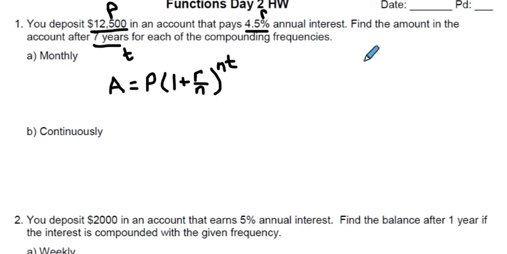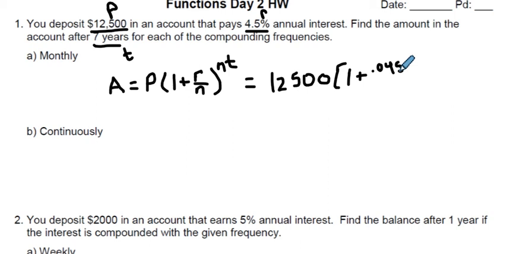When you plug this in, you're just going to plug in the principal, 12,500. Then it would be 1 plus, now your rate is 4.5%, but as a decimal that's 0.045.